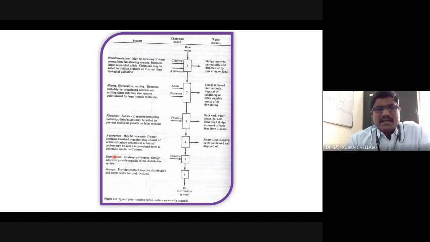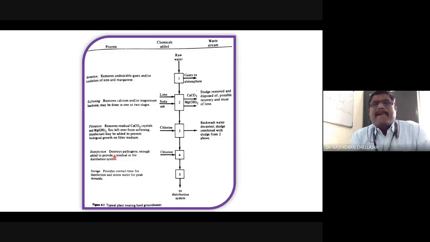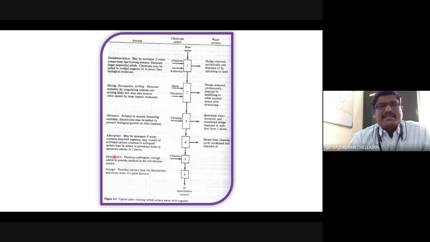There is another type of water, which is from surface sources. The previous one was for groundwater source treatment and supply, with its different treatment stages. Here you can see the process for surface water. Suppose your identified source of water is surface water, then you have to do this process.